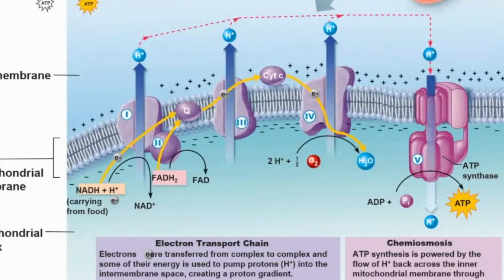Second form of energy, the electrons get removed and get transported to various molecules. If you take biochem, you have to learn the name of every single one of those. It's so fun. And as it passes them along, it's transferring that energy that is kind of like electricity.